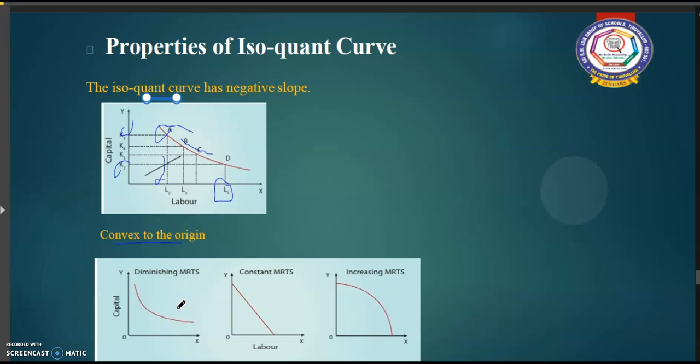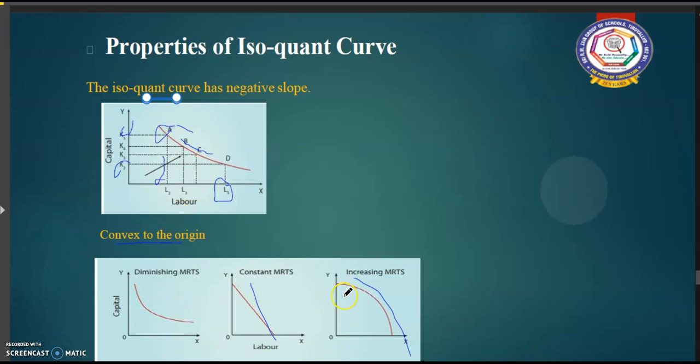If so, it is called diminishing marginal rate of technical substitution. So constant means it is a straight line and increasing means it will be in the shape of concave. So all these are possible. It depends on the nature of the isoquant curve.